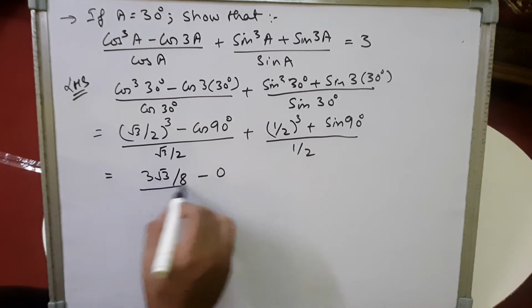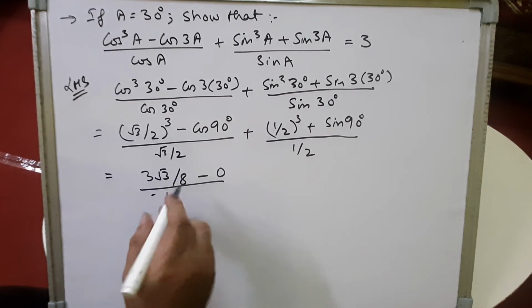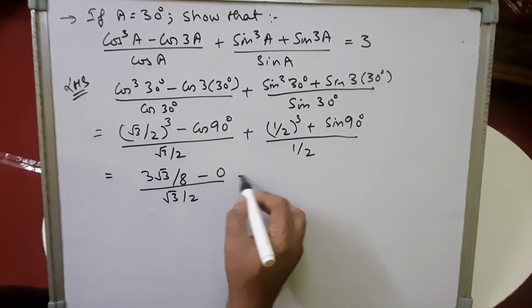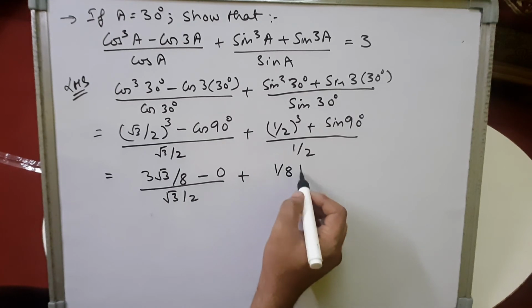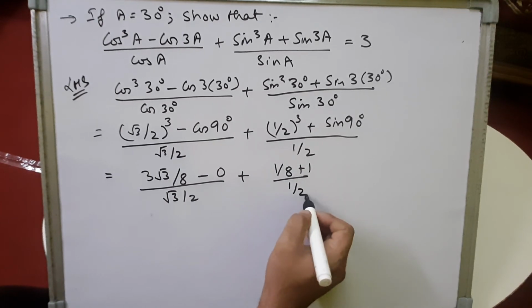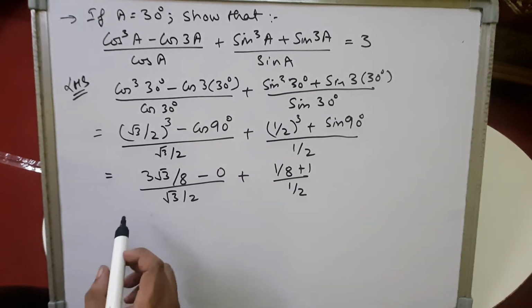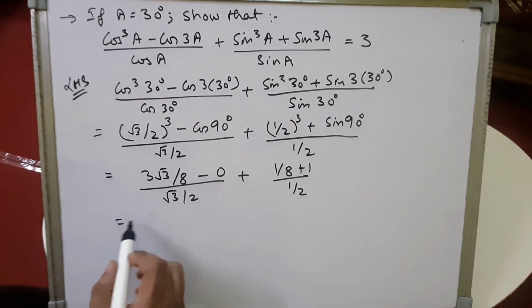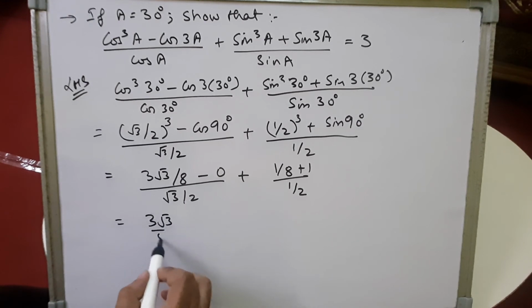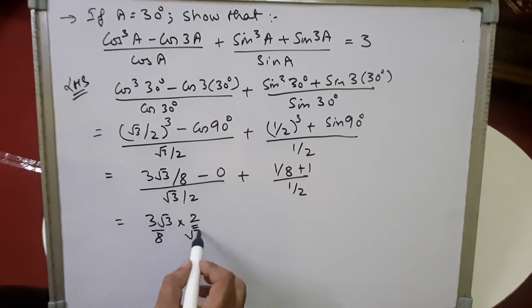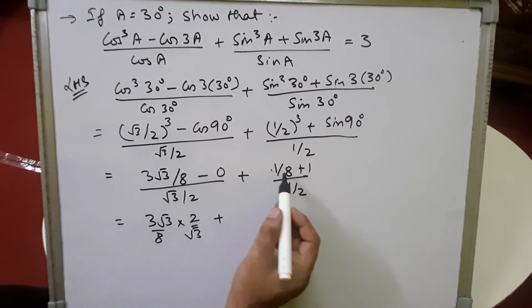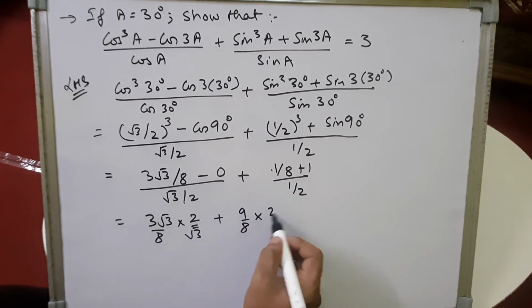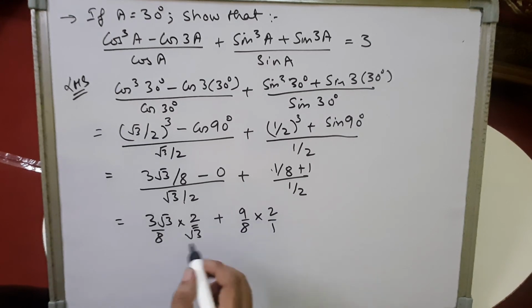Minus 0, upon root 3 by 2, plus here we will get 1 by 8 plus 1 upon 1 by 2. The sin 90 value is 1. So this will get reciprocal: 3 root 3 by 8 into 2 by root 3 plus (1 by 8 plus 1, which will be 9 by 8) into, when this 1 by 2 is reciprocal, it will become 2 by 1.